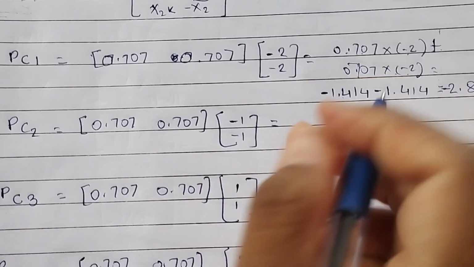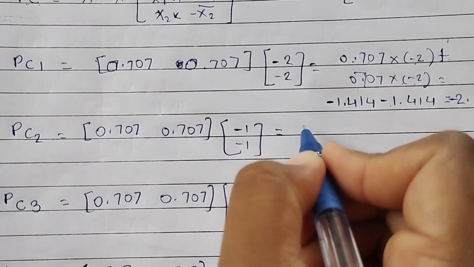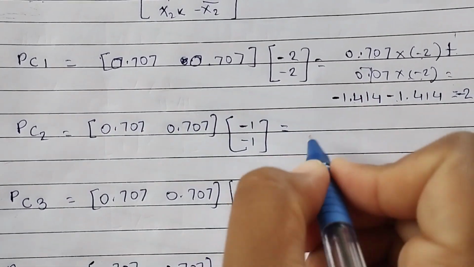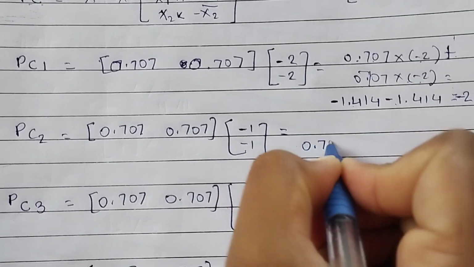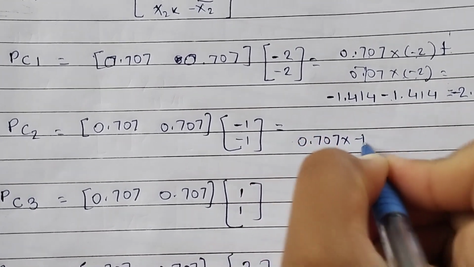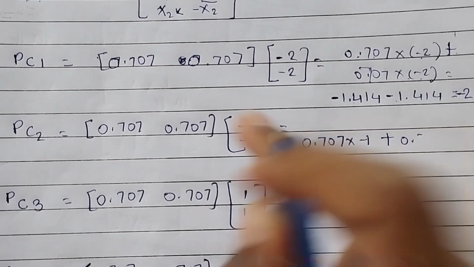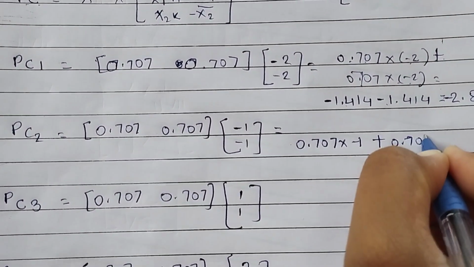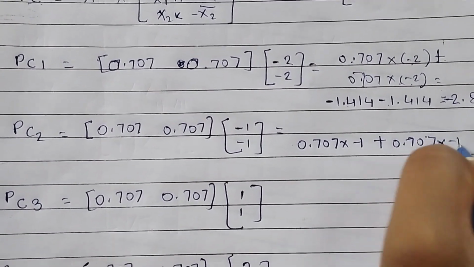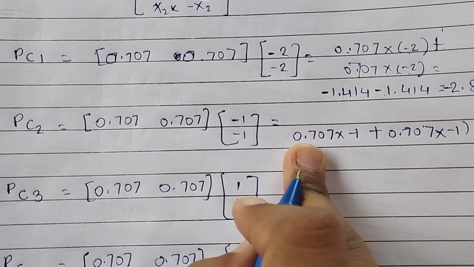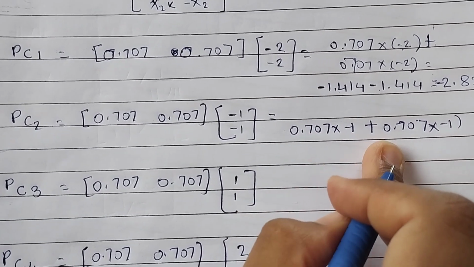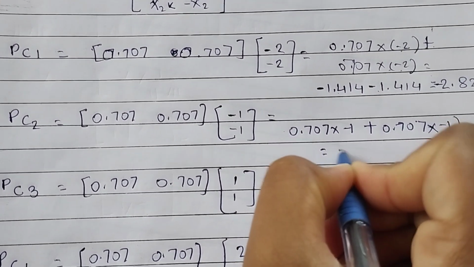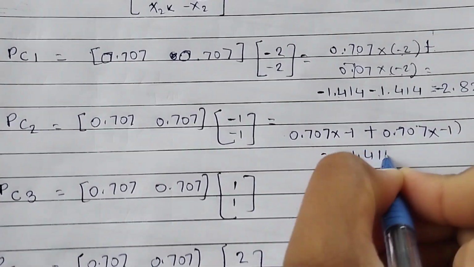Now I show you one more example and then I directly write the values. So first row, first column means 0.707 into minus 1 plus 0.707 into minus 1. So minus 0.707 minus 0.707 is nothing but minus 1.414.